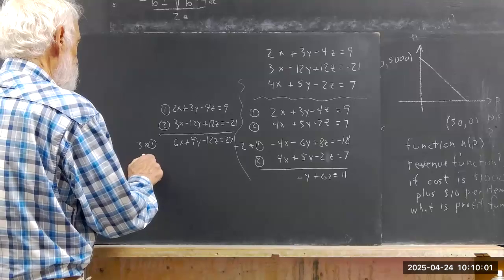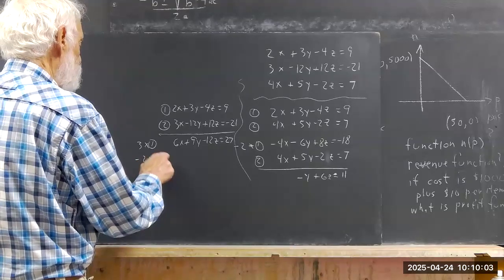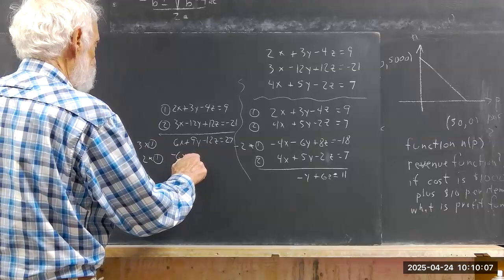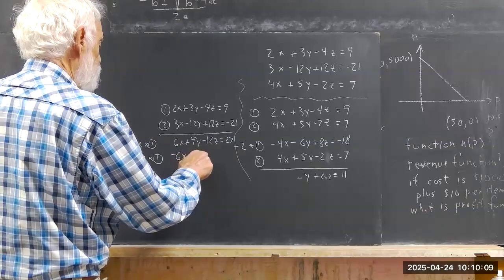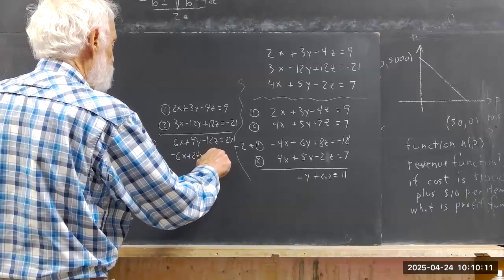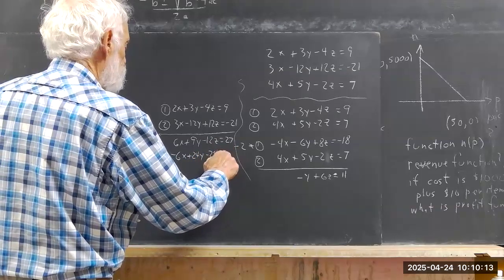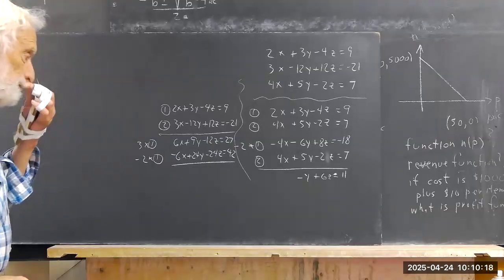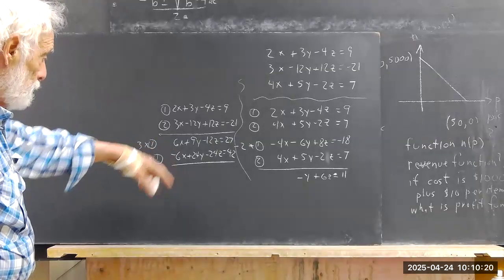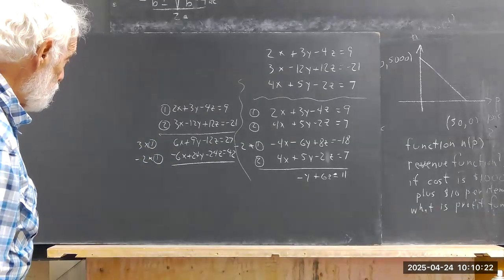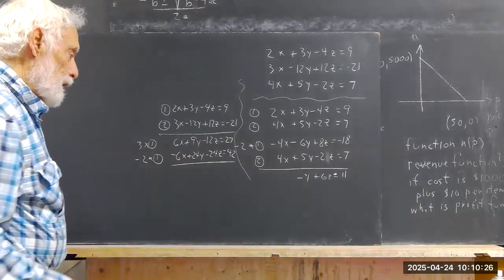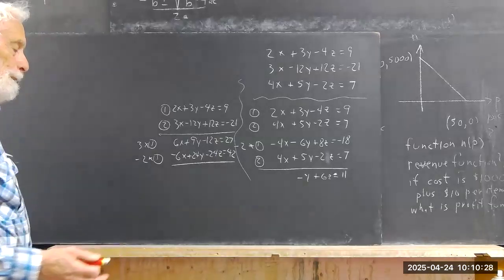And then -2 times equation 2, which gives you -6x plus 24y minus 24z equals 42. If you want to check my arithmetic against yours, everybody got the same thing. There's a good chance we're right.